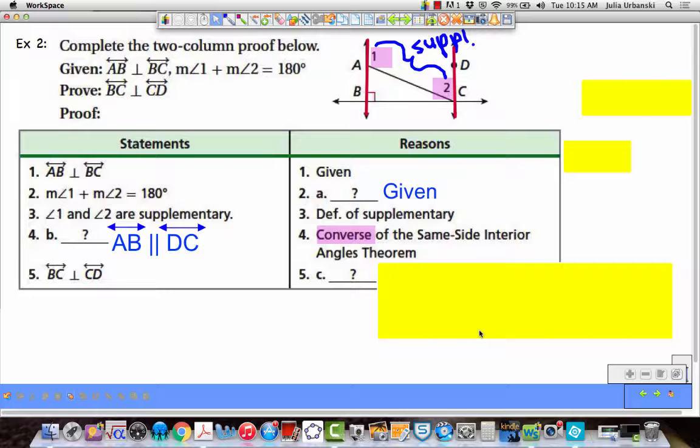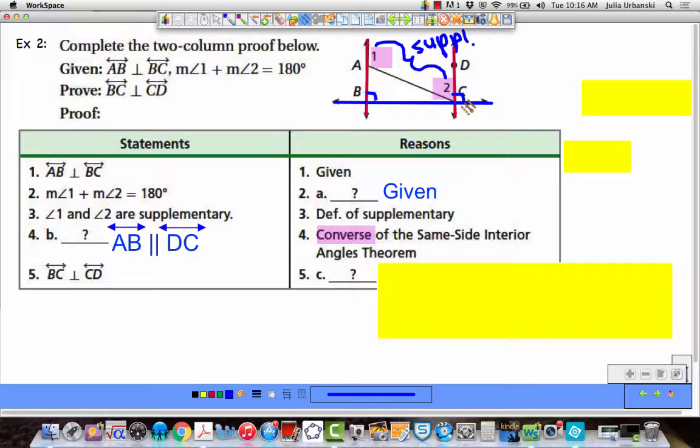And now look what we have. We have two red parallel lines, and we have a blue line that's going through both of them, and that blue line makes a right angle with one of them. What has to happen at the other one? It has to be a right angle as well.